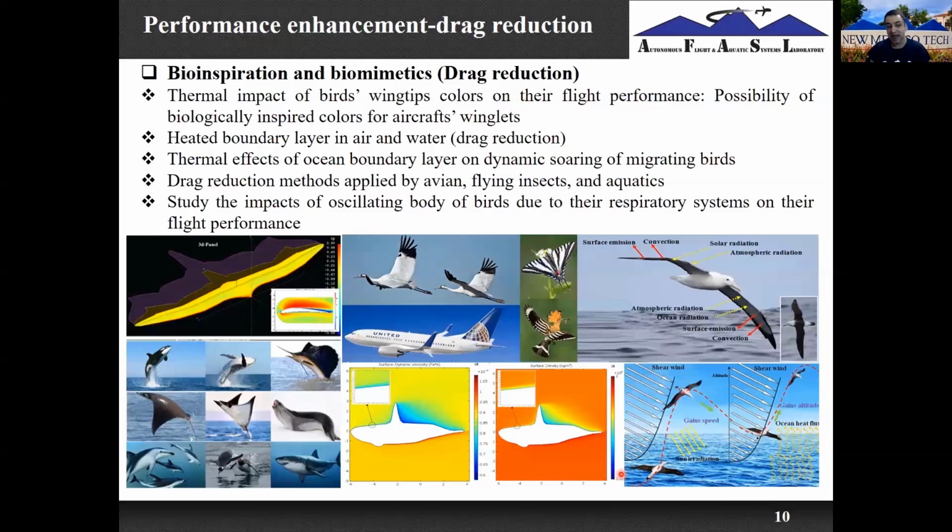Because once you have less drag, it means that we are consuming less energy. We can save more fuel. It means it's more economic. So maybe it's not a good idea to just paint the top part of the wing of the aircraft black, because maybe it has some psychological effects or something. This is the main reason I have written in the literature and news about why all the airplanes are white.